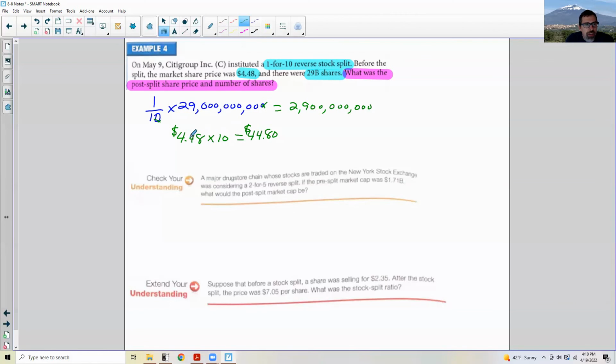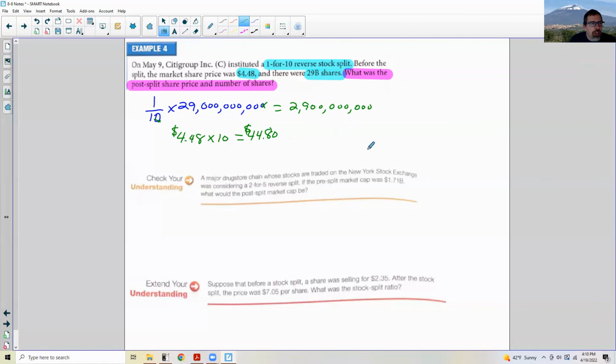Well, if it's under $5, remember, it's called a penny stock, and a lot of people avoid trading penny stocks because it's risky. So Citigroup takes 10 of their shares and makes them 1, and they went from a $4.48 penny stock company to a $44.80 stock company, and they're no longer considered a penny stock. That could be one reason. Okay, and so we found the post-split share price and number of shares.